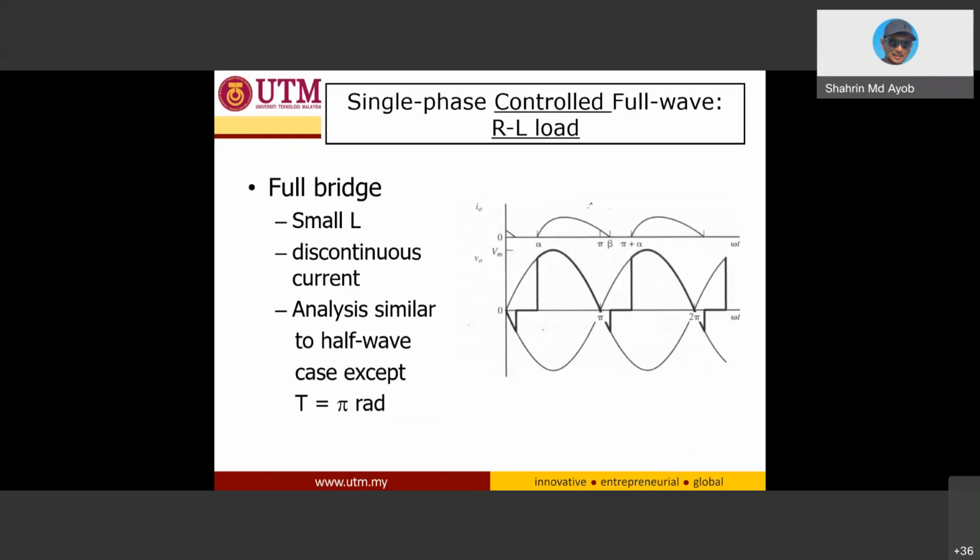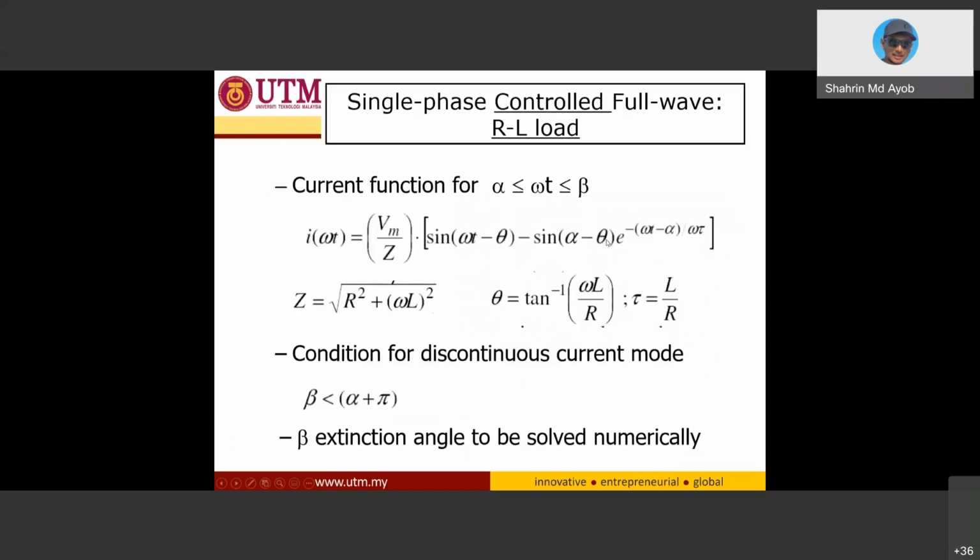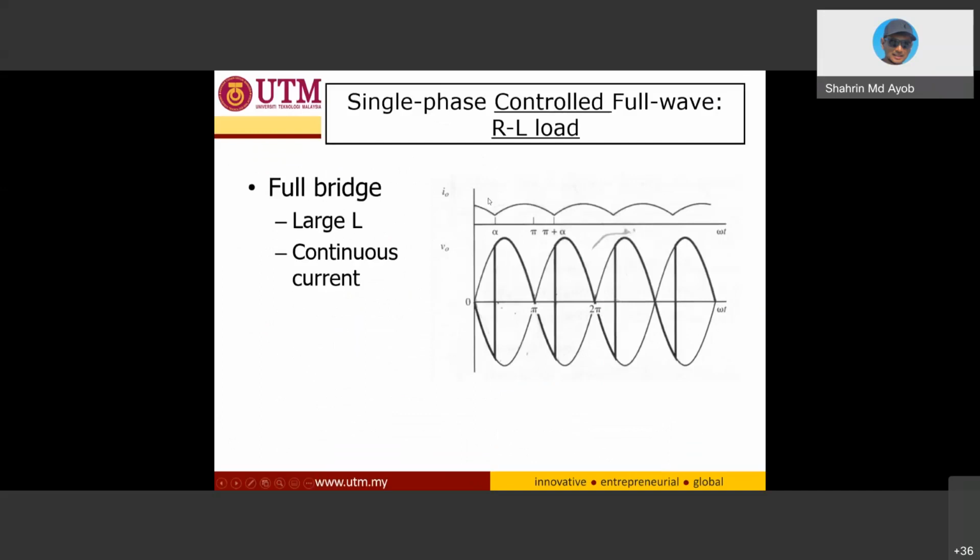It depends on the firing angle, or the delay angle. The current can be in discontinuous mode, and also in continuous mode, depending on the firing angle. So it has a lot of things to be discussed and analyzed.